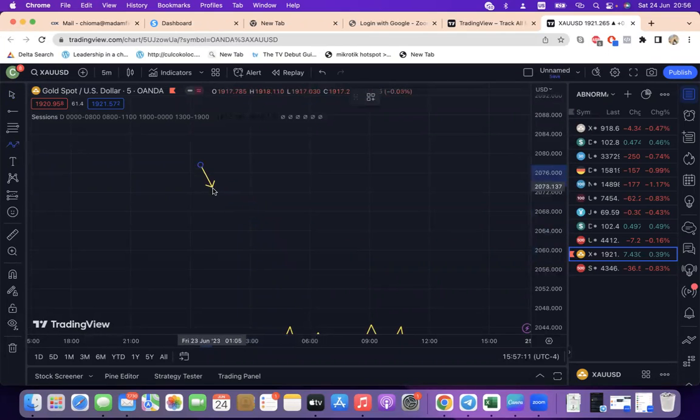Now we have low, high, low, lower high, starting point that push the market lower. Starting point that push the market lower.